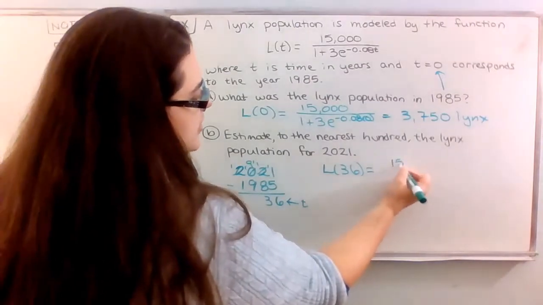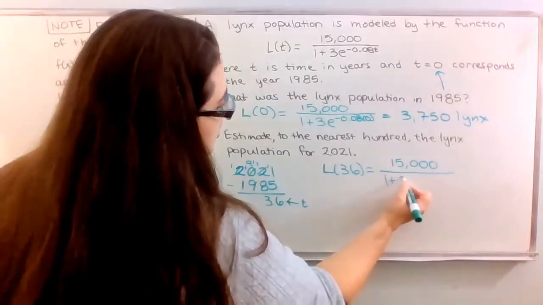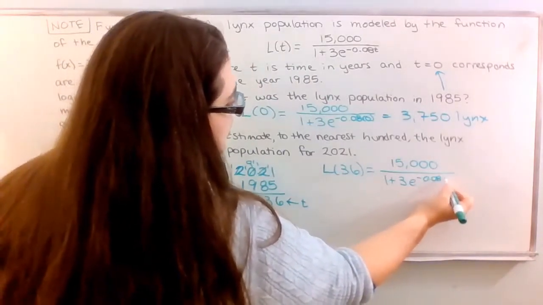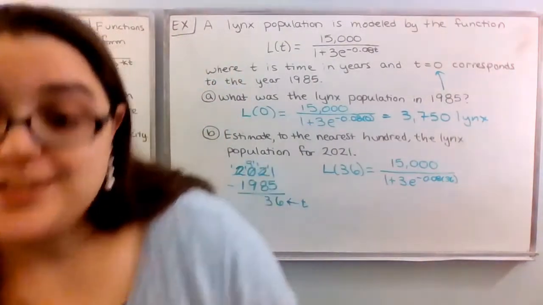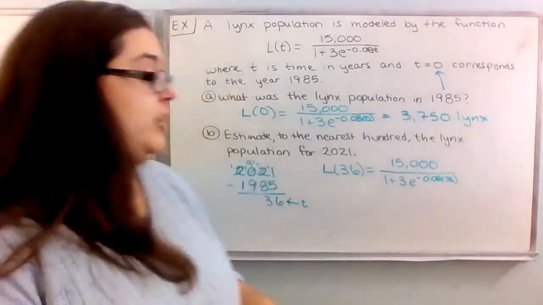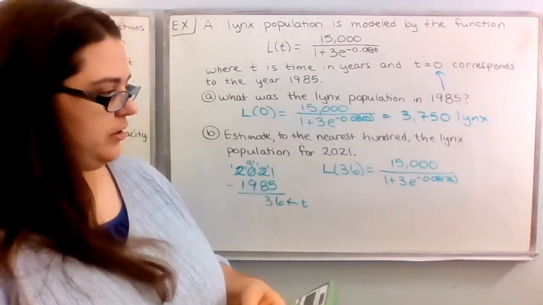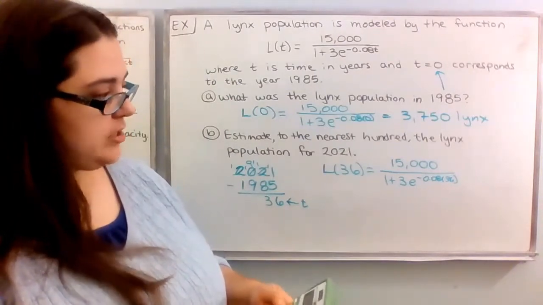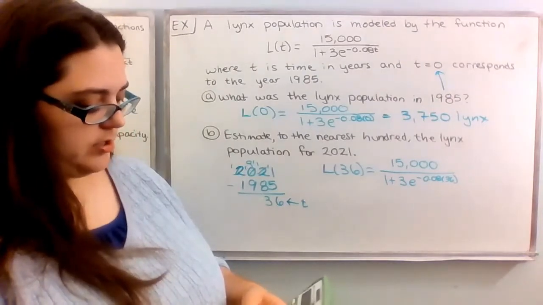So 15,000 over 1 plus 3 e to the negative 0.08, and this time times 36. Now this one I did not bake ahead early, so let's just calculate that together. I've got 15,000 divided by 1 plus 3 times e to the negative 0.08 times 36.